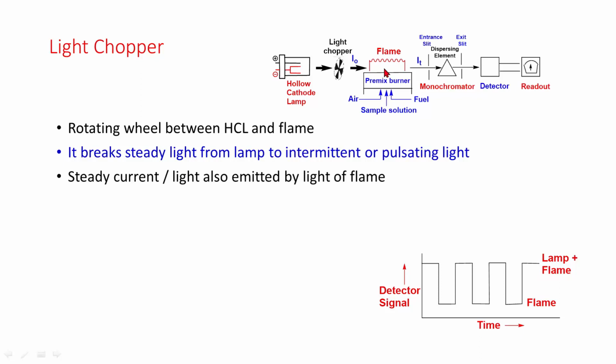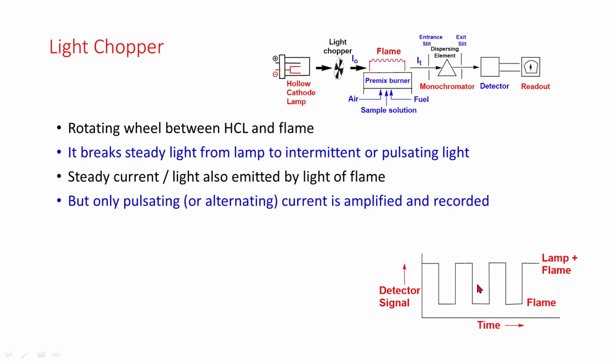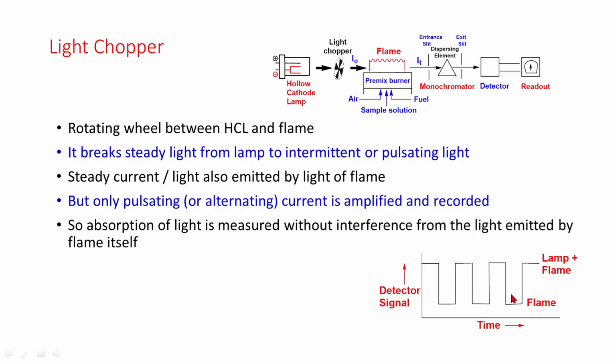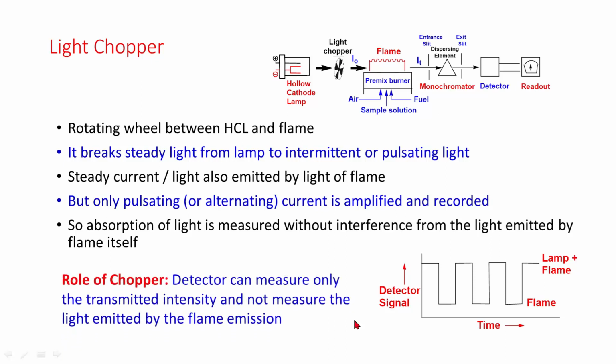Steady current is also emitted by the light of the flame, but only pulsating current is amplified and recorded. So absorption of light is measured without interference from the light emitted by the flame itself. Chopper has a specific role. Detector can measure only the transmitted intensity and not the light emitted by the flame emission.